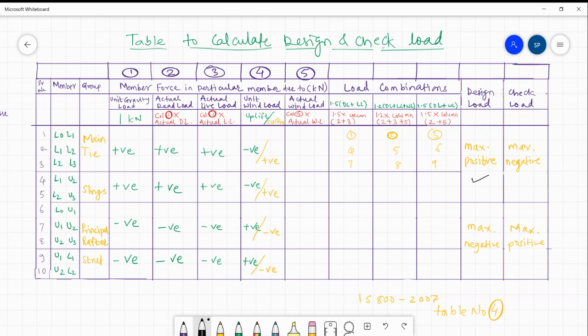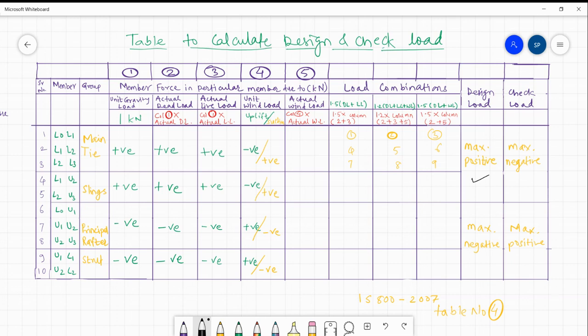Why so? Because the main tie member is basically a tension member. For most of its lifespan, it will be subjected to tension only. Only when uplift wind pressure is acting, for that much duration only, under the action of stress reversal, this member is going to be subjected to maximum negative, that is compressive.